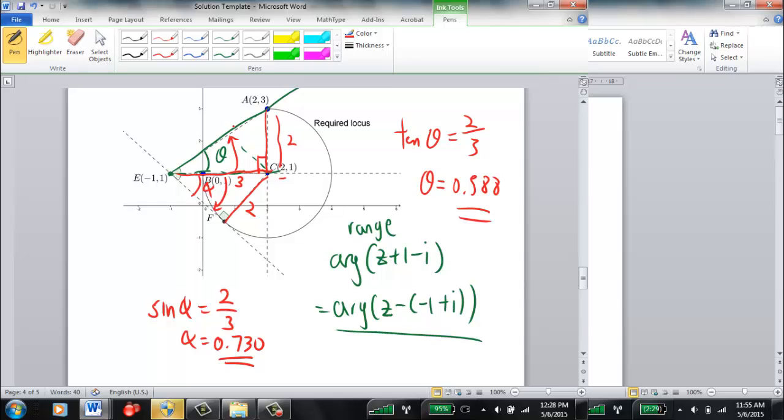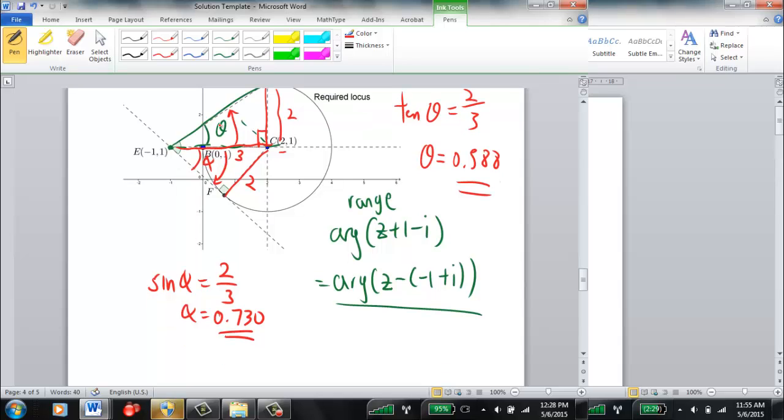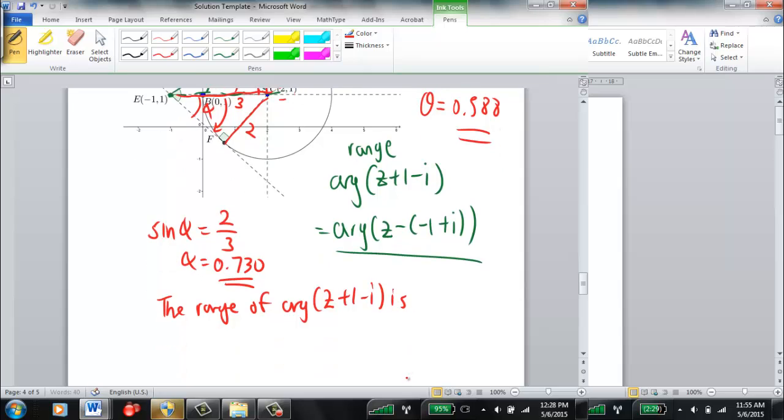So therefore, the range of argument of z plus 1 minus i is negative 0.730 to 0.588 inclusive. Okay, that's the answer.